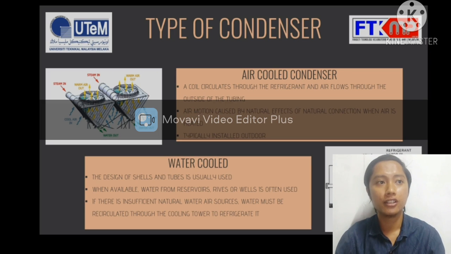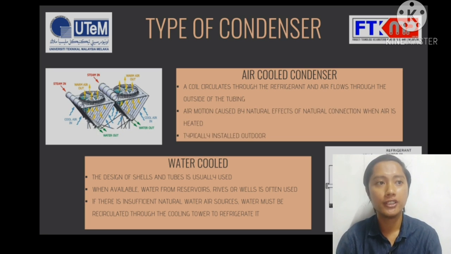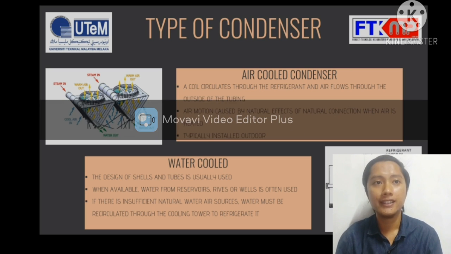An air-cooled condenser is a coil in which the refrigerant circulates and air flows through the outside of the tubing. It has air motion caused by the natural effect of convection when air is heated. An air condenser is typically installed outdoors. For the operation, this is a condenser in which the removal of heat is done by air.